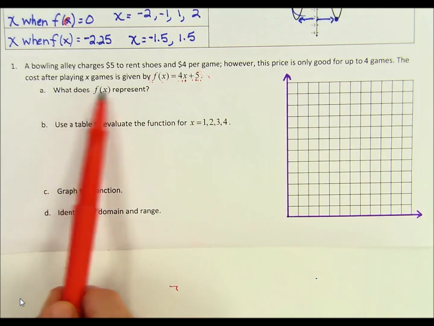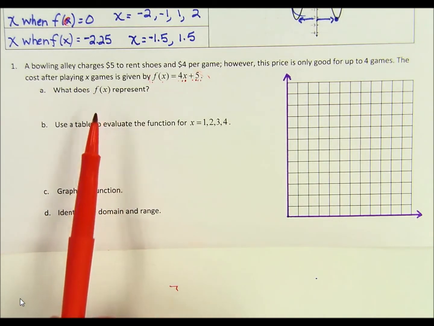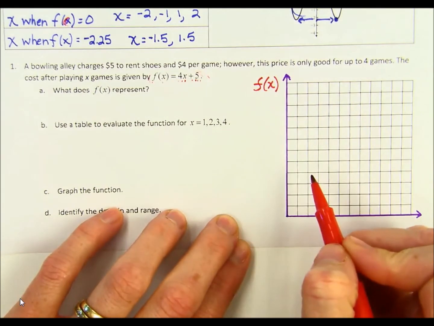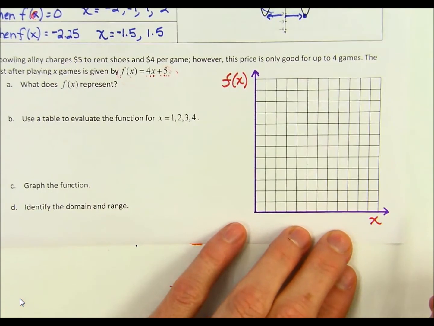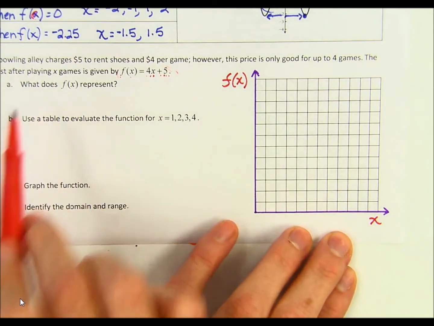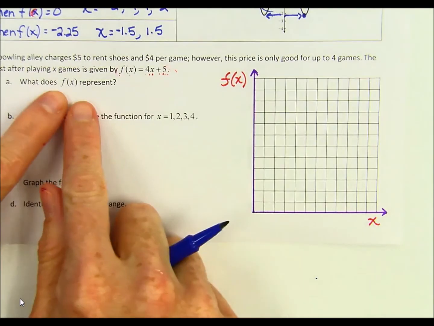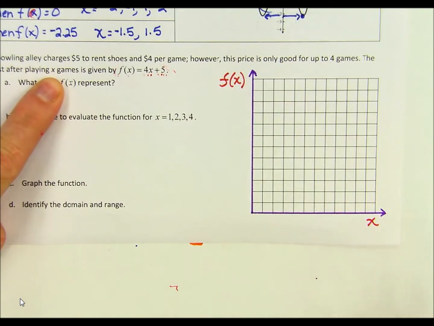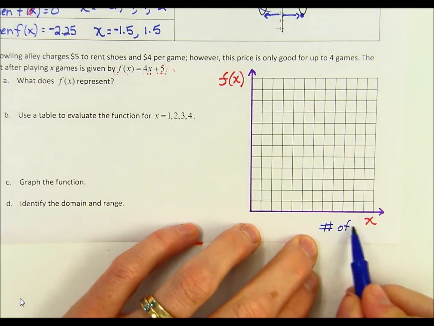So it says, what does f of x represent? Now, remember that f of x is the output. So it is over here. And remember that the input will be x. So before we even talk about part A, let's label these x and y axis, because that will tell me what f of x represents. Well, x says it's the games, playing the games. So x is going to be the number of games.